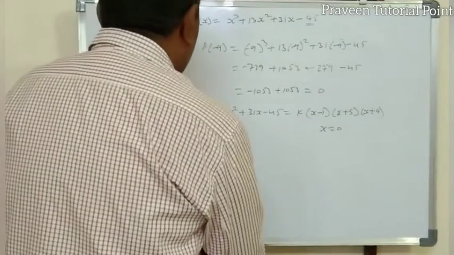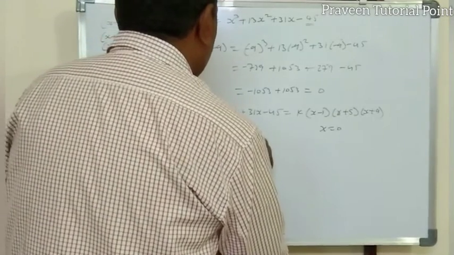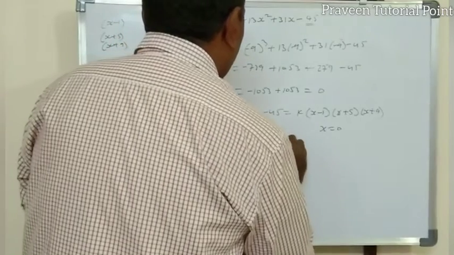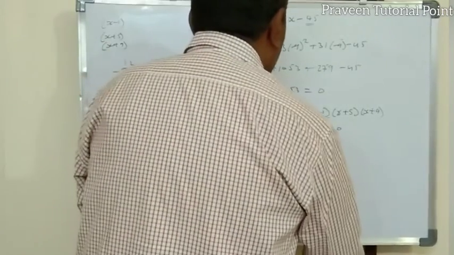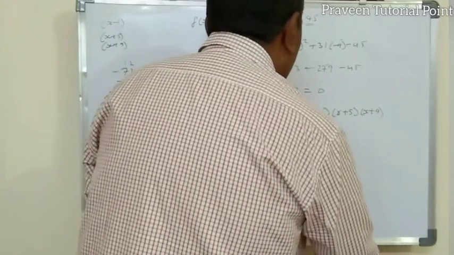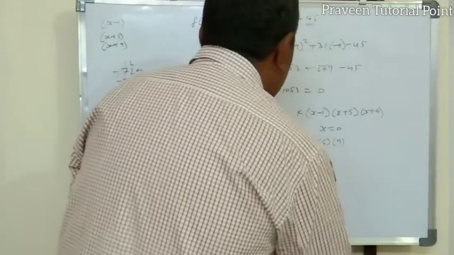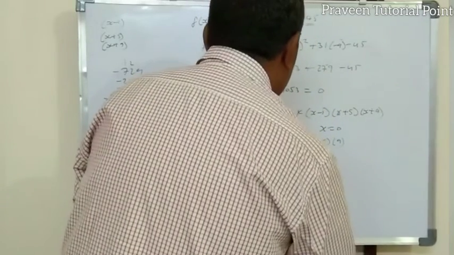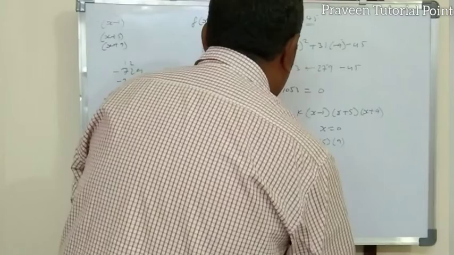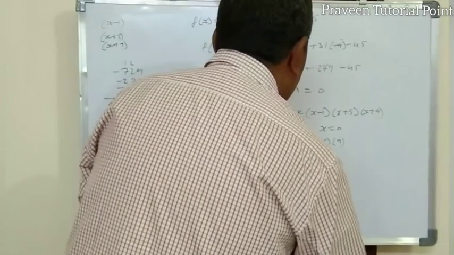Here, 0 cube plus 13 into 0 square plus 31 into 0 minus 45 is equal to k into (0 minus 1)(0 plus 5)(0 plus 9). That becomes minus 45 is equal to minus 45k. k is equal to minus 45 by minus 45, which is equal to 1.